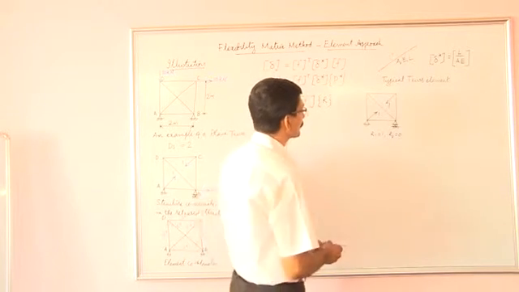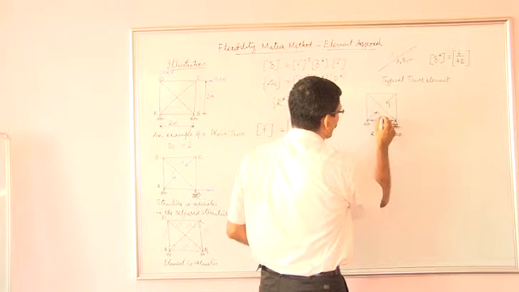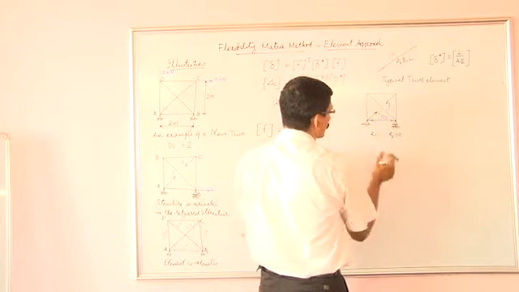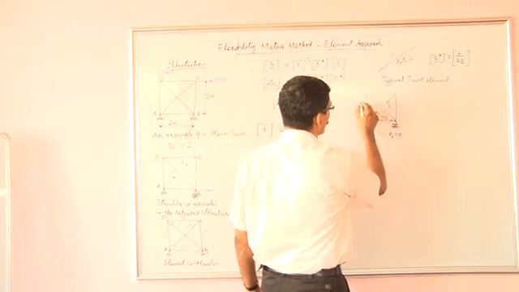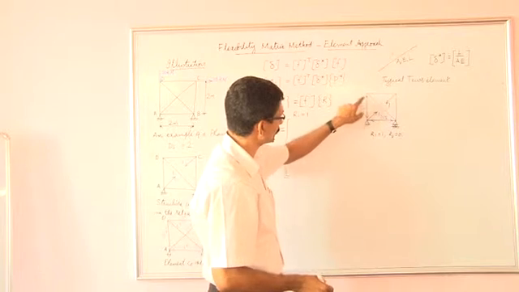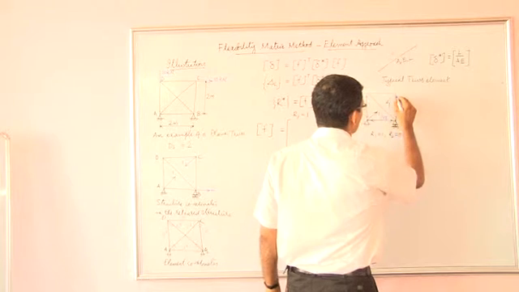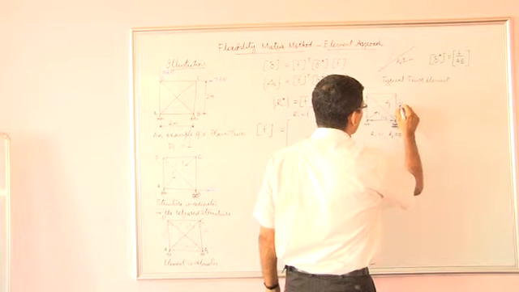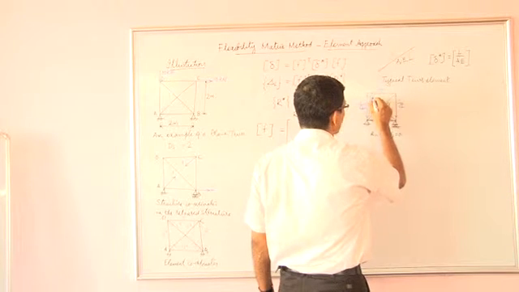If you do it properly, the force here would be 1 by root 2 with compressive nature. The force here would be 1 by root 2 compressive. A compressive force will be represented by arrow marks pointing towards the joints. This force is also compressive and 1 by root 2. This also is compressive and 1 by root 2. This force will be tensile and equal to 1. So they are the forces.